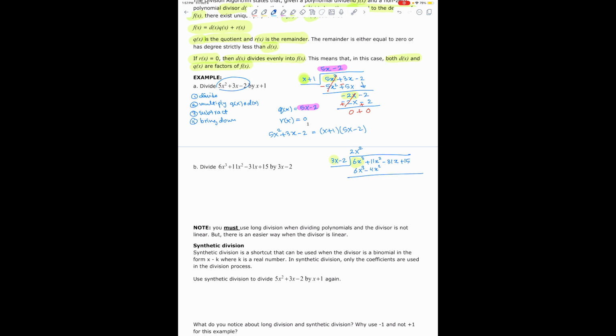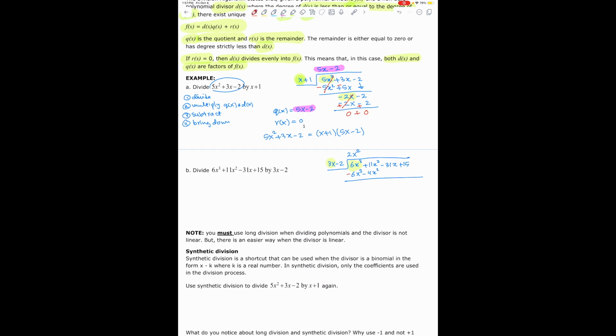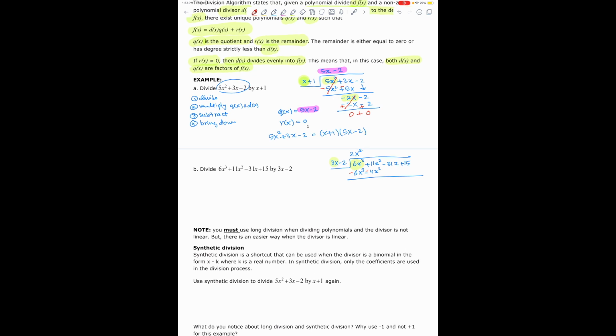Now we subtract, which means we change the signs. These cancel, and we have 11x squared. Sorry, this sign is positive actually. So we have 11x squared plus 4x squared, which is 15x squared. And then we bring down the remaining terms, so minus 31x plus 15.